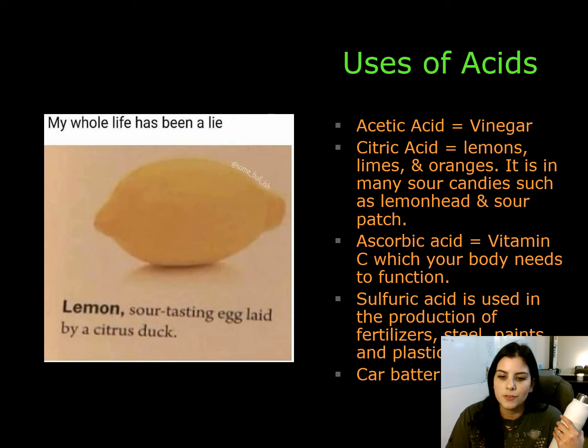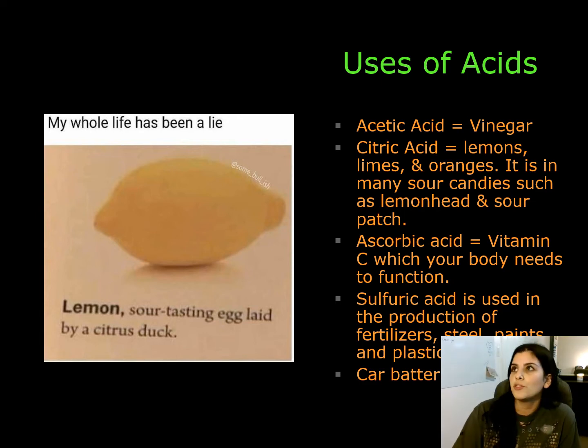Sulfuric acid is used in fertilizers, paints, plastics, and also car batteries. I know some of you might have worked on cars and you've looked at your battery because your car died and there's like this powdery green stuff. That's acid, battery acid.